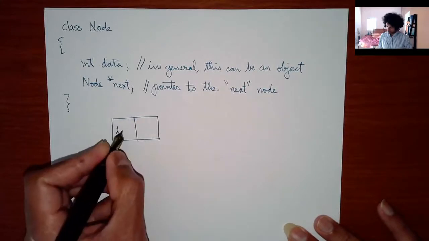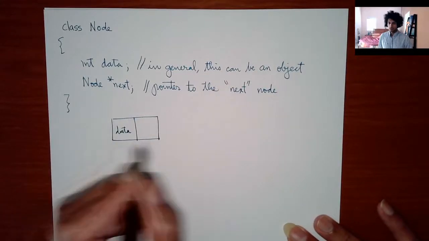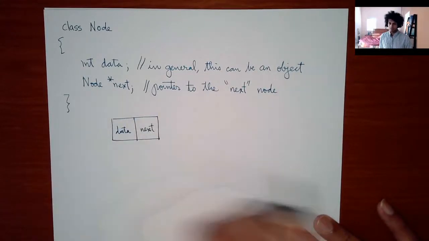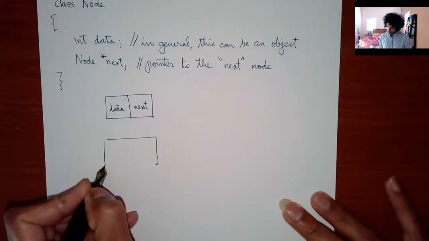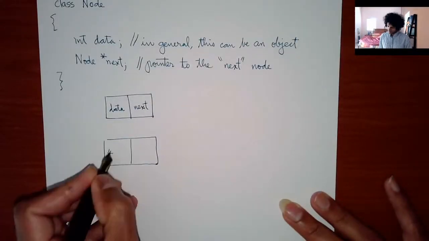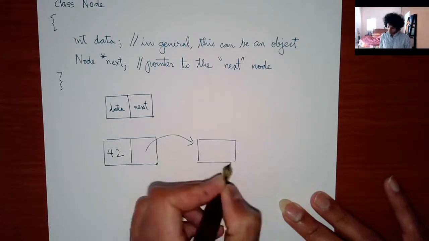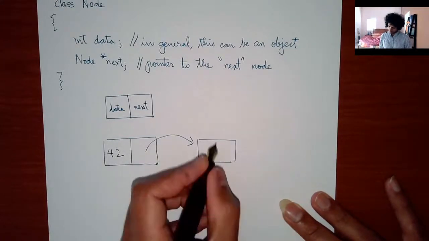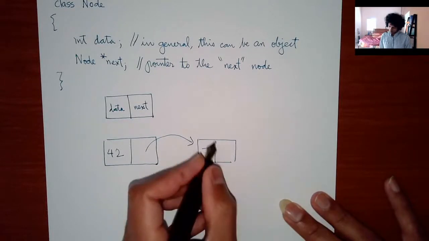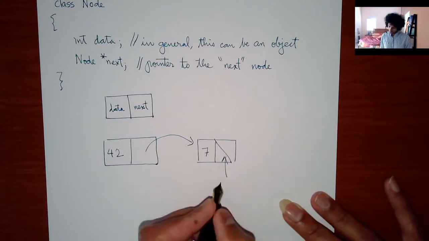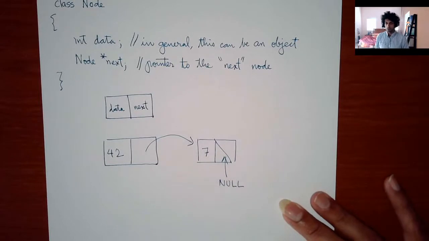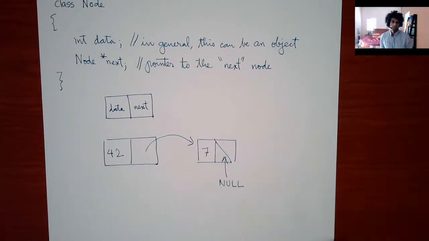This part has the data, and this part has the pointer next. Often the way that I'm going to draw this is: here's a node, maybe that node is 42. It has a pointer to another node, and maybe this node has 7. And this is my symbol for null.